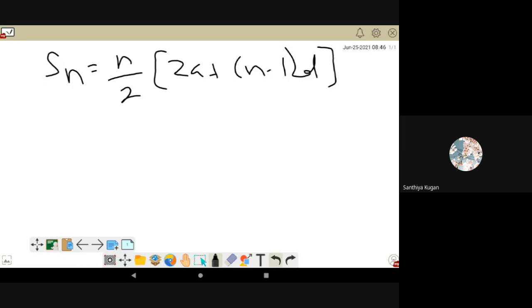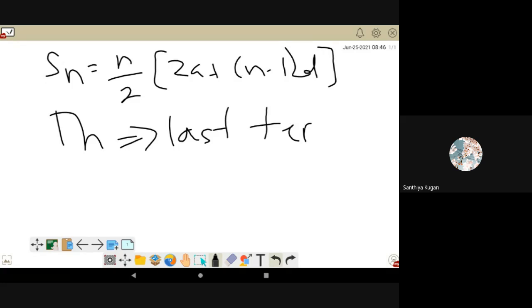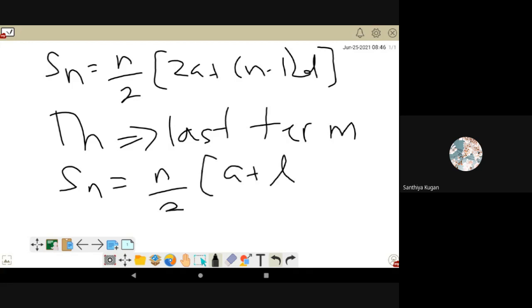So if the Tn is the last term, we will use for Sn as n over 2 bracket a plus L, where L here is the last term.